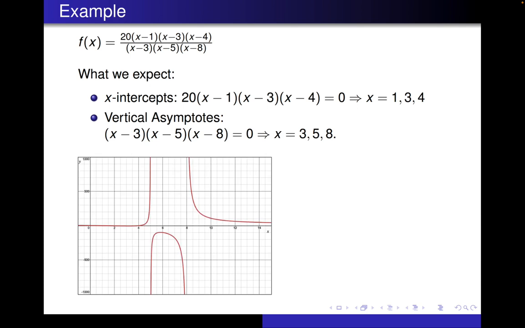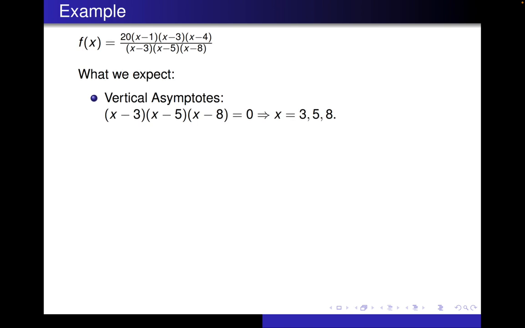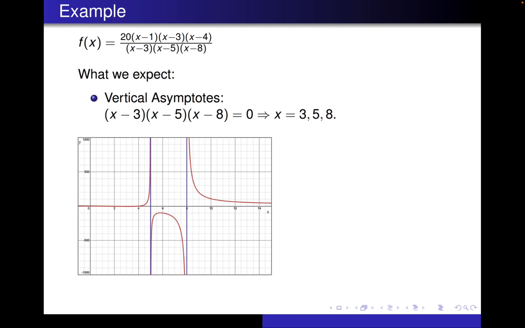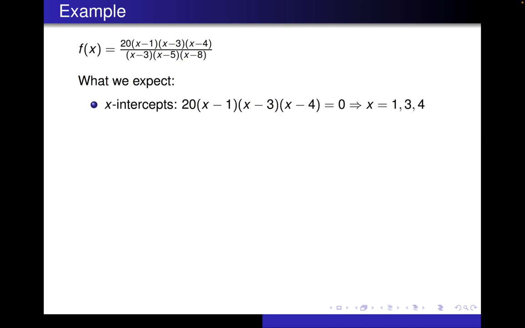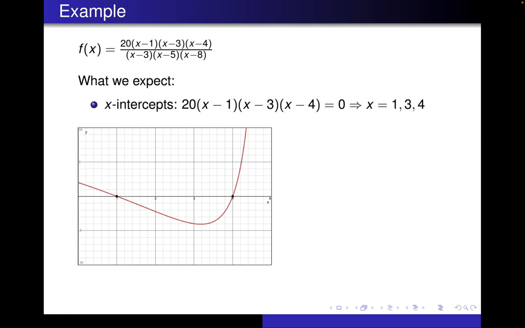Here's what we get, and it's not quite what you'd expect. Let's look at our vertical asymptotes first, x equals 3, 5, and 8. They do happen at 5 and 8, but something seems to be missing at x equals 3. We'll see if we can figure out why in a little bit. Let's look at the x-intercepts. We expect them at 1, 3, and 4.